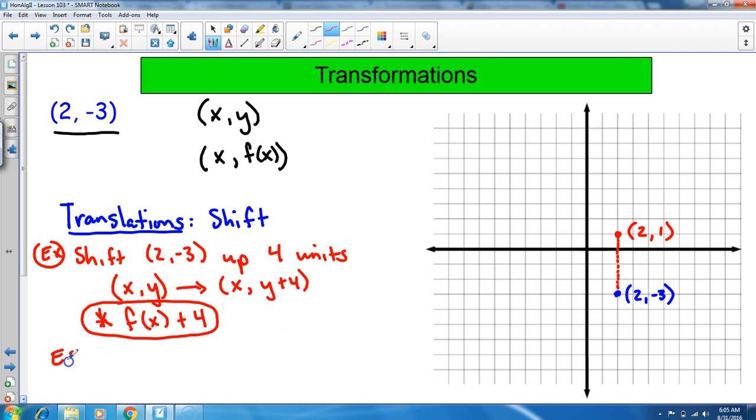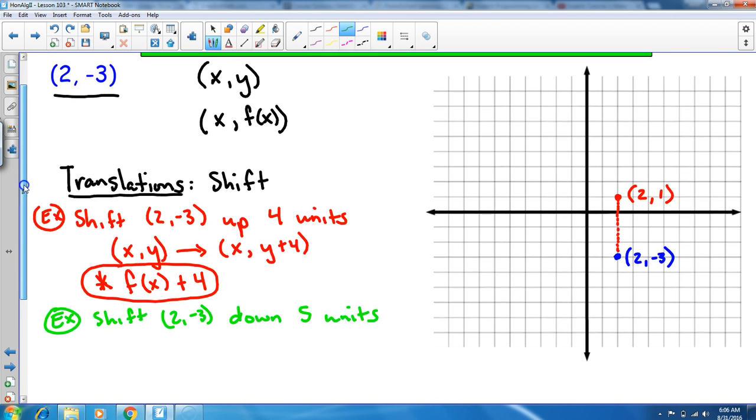Example number 2 is just a shift down. So we want to shift this point down. Maybe I should use a different color. Let's go down 5 units. All right, so I switched colors on you there so that we can keep things color-coded, hopefully a little bit more organized.